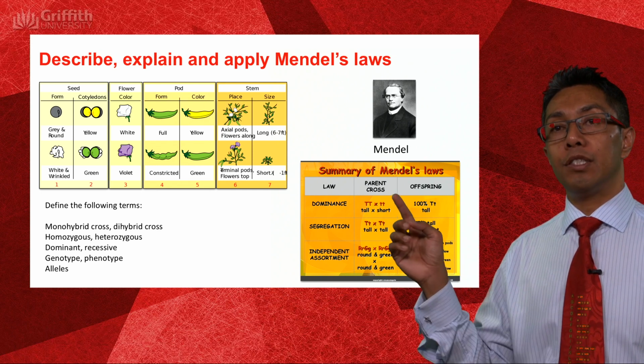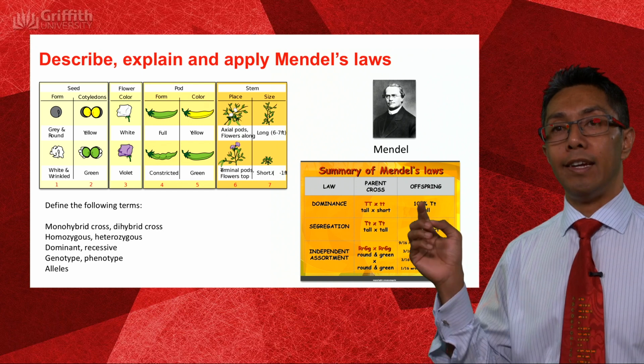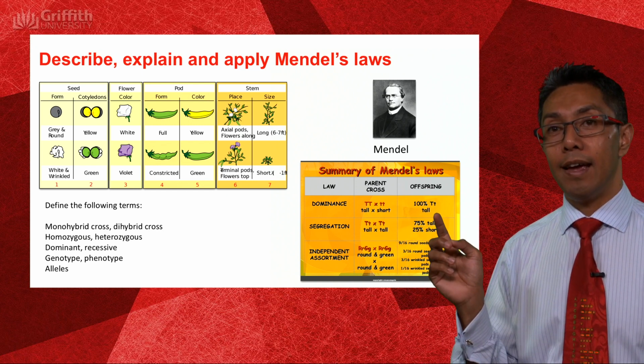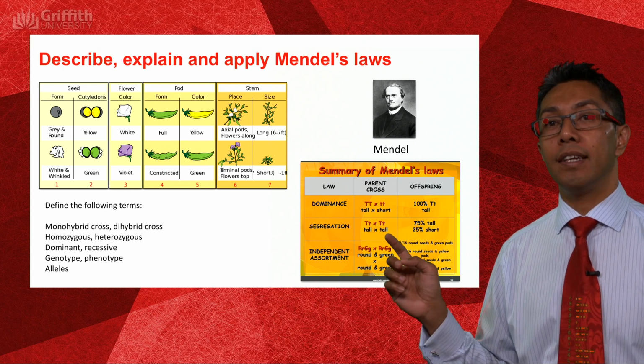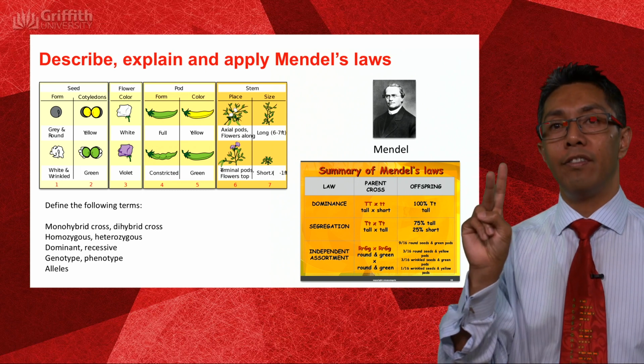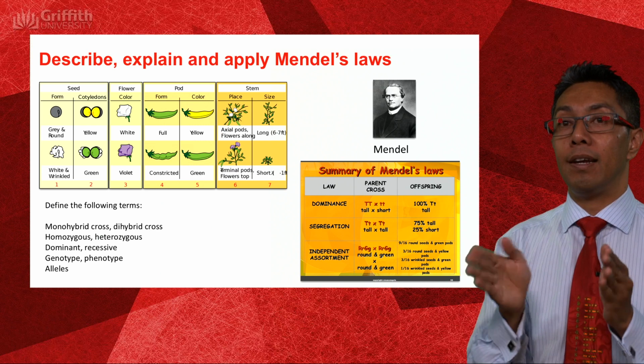for this to occur, for all of the offspring to be big T, little t, and tall, he realized that the two versions of the genes that you have must be inherited independently of one another.